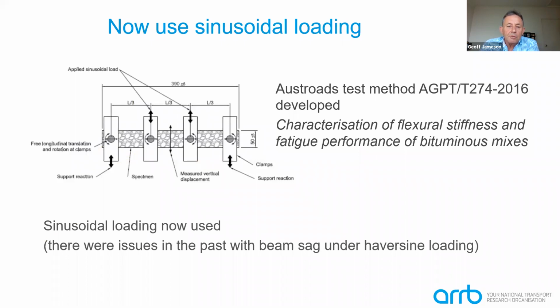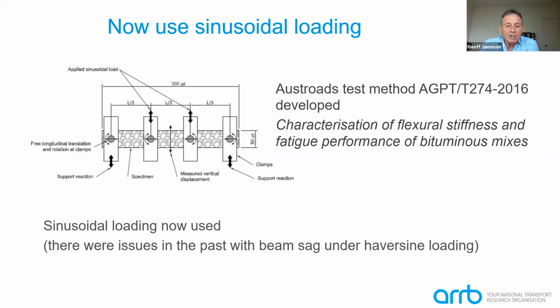The change that we made to the test in recent years was to switch from haversine loading to sinusoidal loading. We had problems with the beam sagging when you applied a haversine load. A haversine load applies loading in one direction only, and so when we used that mode of loading for asphalt, we ended up getting sagging of the beam, gradually displaced over time.